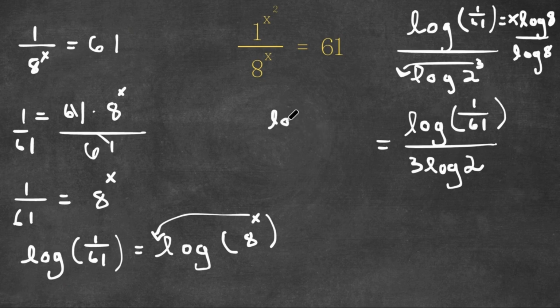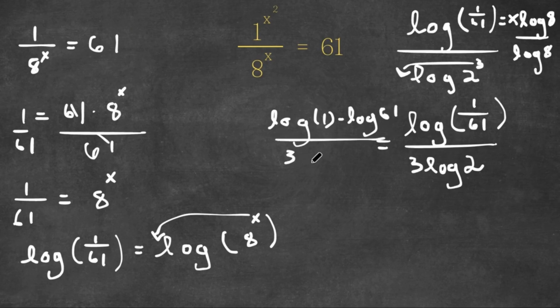So this is equal to log 1 minus log 61 over 3 log 2. Now, log 1 is equal to 0.